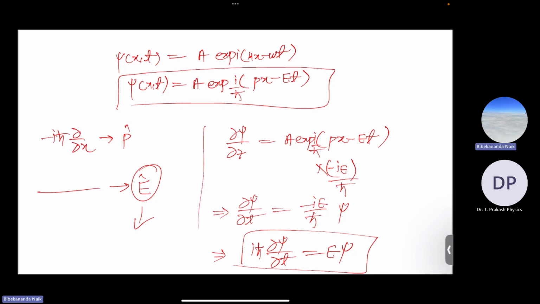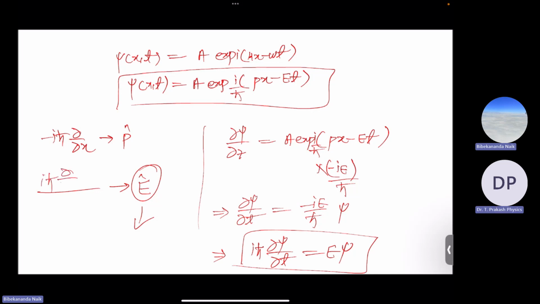Now you got it. What will be the expression for the momentum operator? Sorry, the energy operator. Tell me what the expression for the energy operator will be.